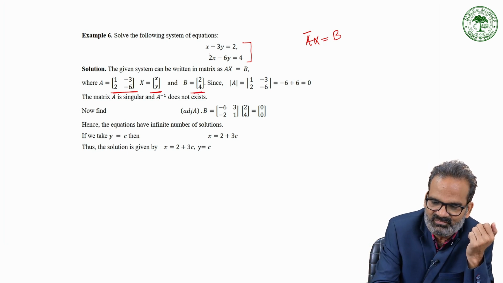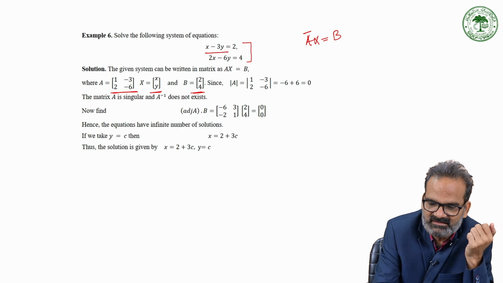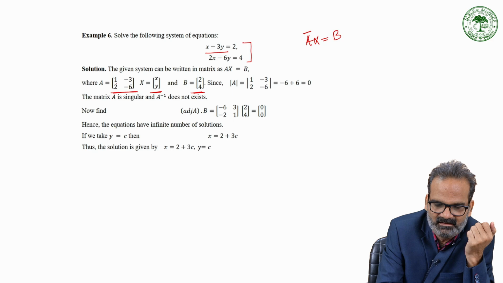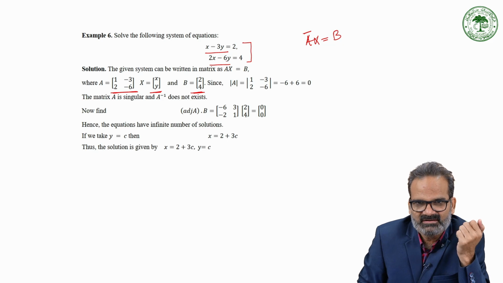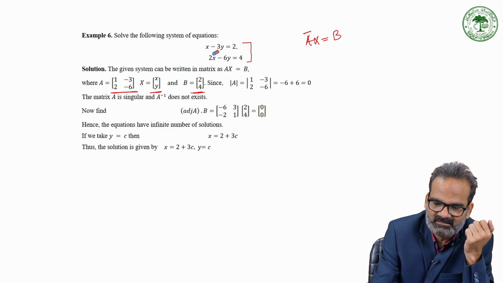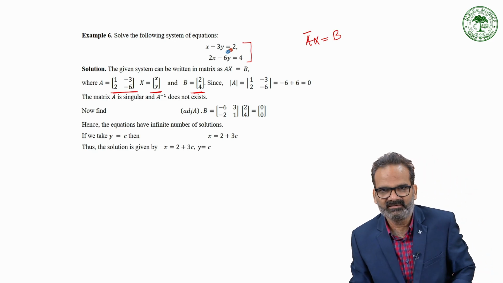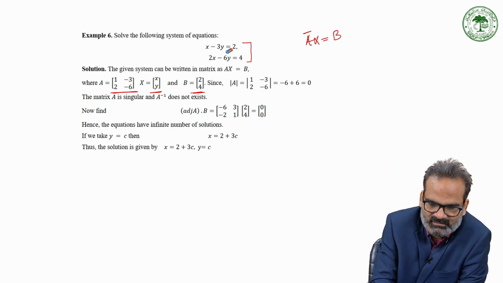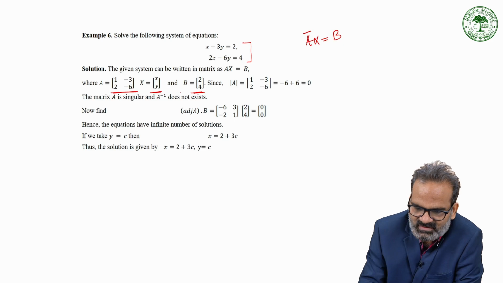Coefficient of x in the first equation is 1, coefficient of y in the first equation is minus 3. So 1, minus 3. Coefficient of x in the second equation is 2 and coefficient of y in the second equation is 6. So 2, minus 6. So this is how we can write down the matrix, right? So this is the system Ax = b.